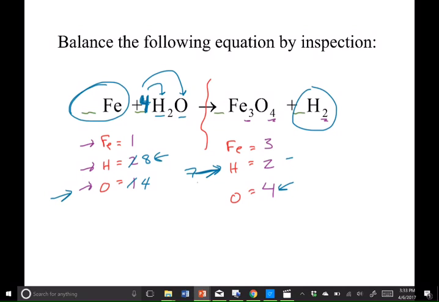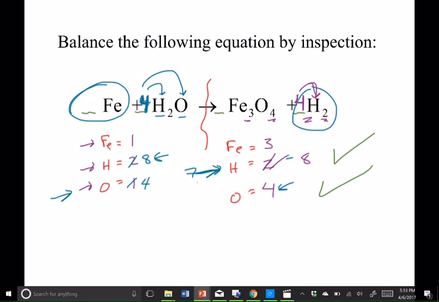Well, I can get 8 hydrogens if I put a number 4 in front of my H2. The only thing I need to update, since I put a 4 there, is my hydrogens, and I have 8 hydrogens. So my hydrogens are balanced, 8 and 8, and my oxygens are balanced.